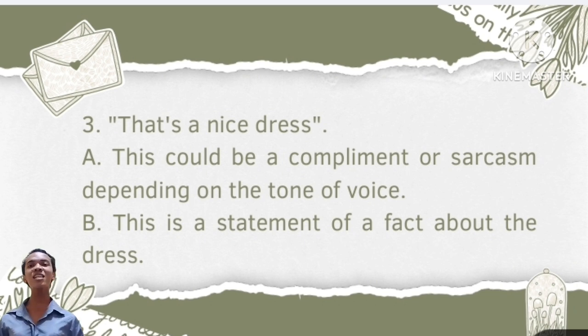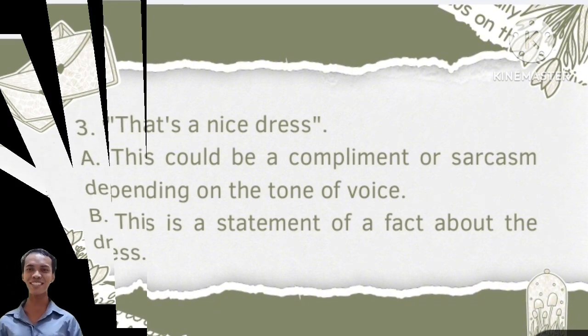For instance, a sincere tone and a friendly expression indicate a genuine compliment, while a sarcastic tone, raised eyebrow, or a mocking gesture would suggest the opposite meaning. So it depends on the tone of the speaker, on how they convey and interpret the content.